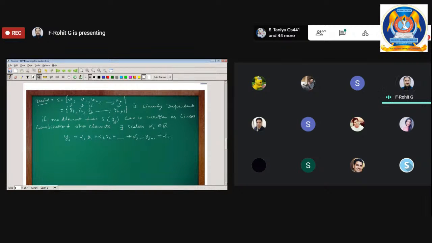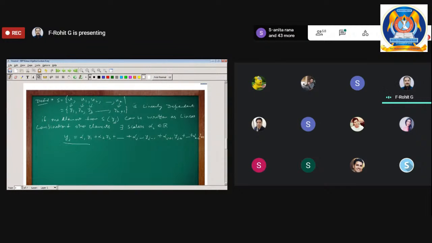So this will become like this, and the last one is alpha k plus 1 y. So I will say that our set S is linearly dependent if at least one element can be written as a linear combination of other elements, right?